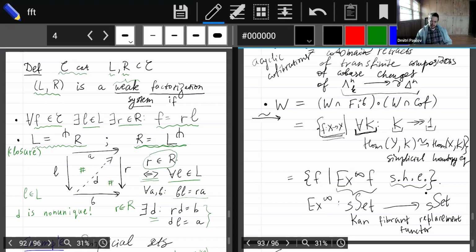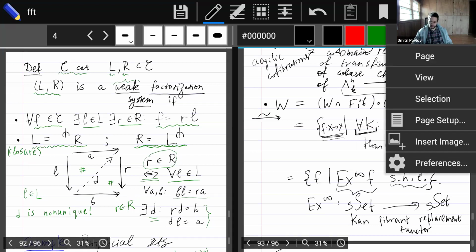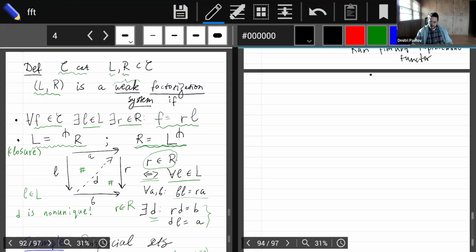Let me perhaps draw some more pictures, since the question of intuition for Kan fibrations and complexes was raised. Let me maybe offer a geometric application for Kan complexes.